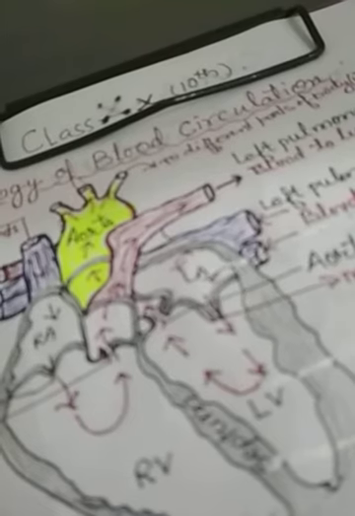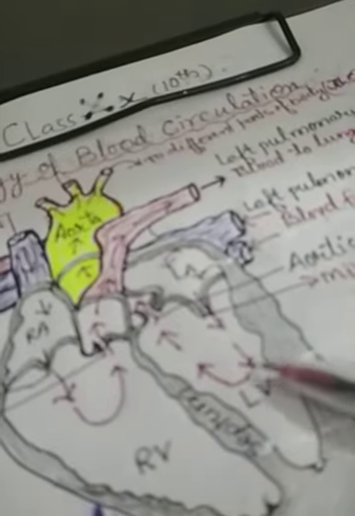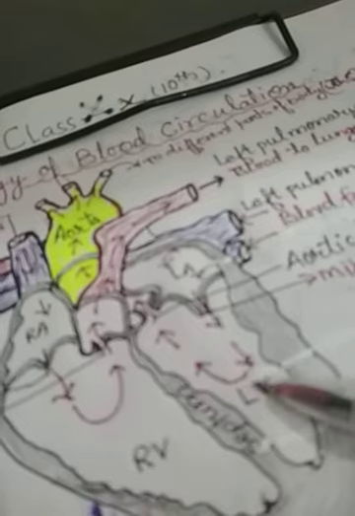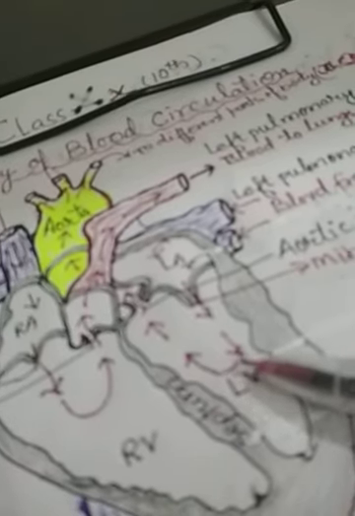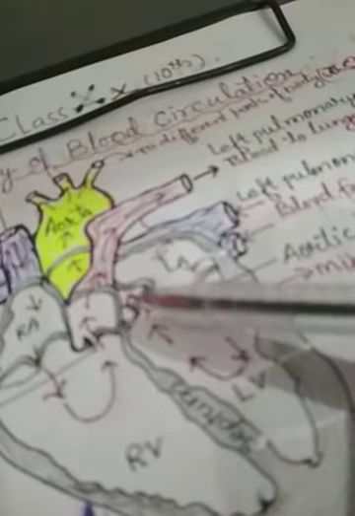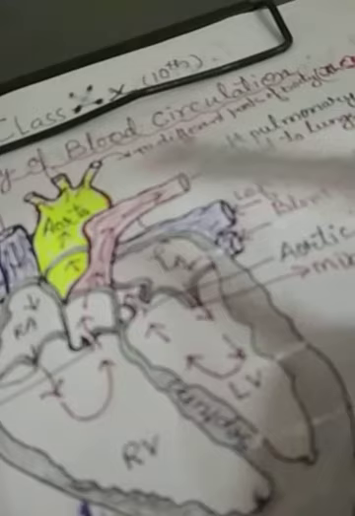This left ventricle further contracts. When it contracts and is filled with sufficient blood, this pressure allows the blood to flow into the dorsal aorta for the supply of the oxygenated blood to the different parts of the body via this dorsal aorta.